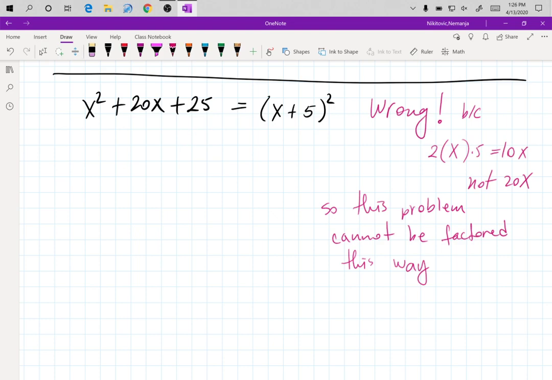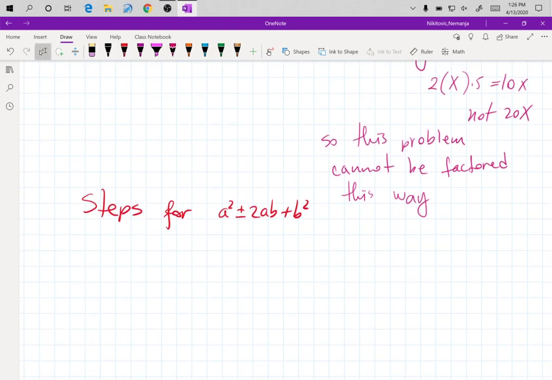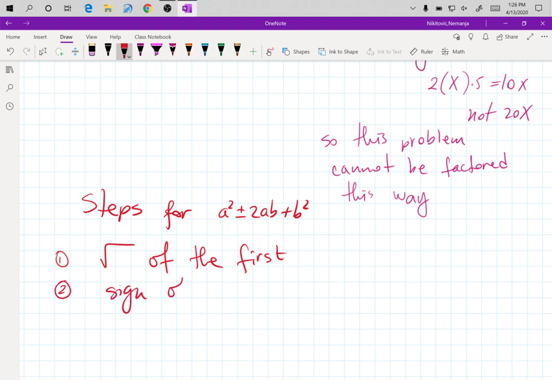So if you are writing some kind of steps for a squared plus or minus 2ab plus b squared, it goes like this. Square root of the first, sign of the second, square root of the third.